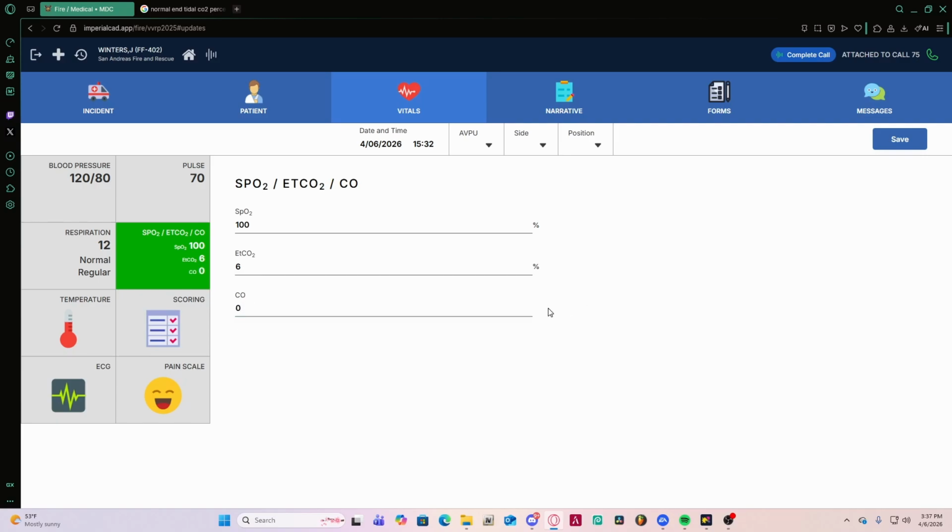I have a feeling it's probably not going to bug you if you don't fill some of this out. It's just going to go on their PCR, but that's it. If your patient doesn't know what the vitals are, and that's common to run into in FiveM, people don't know what this stuff is supposed to be or the normal range. What I like to do, just using this as a notepad, is write what their CO2 normal range is, between X and X, to help people out so that they have a range.